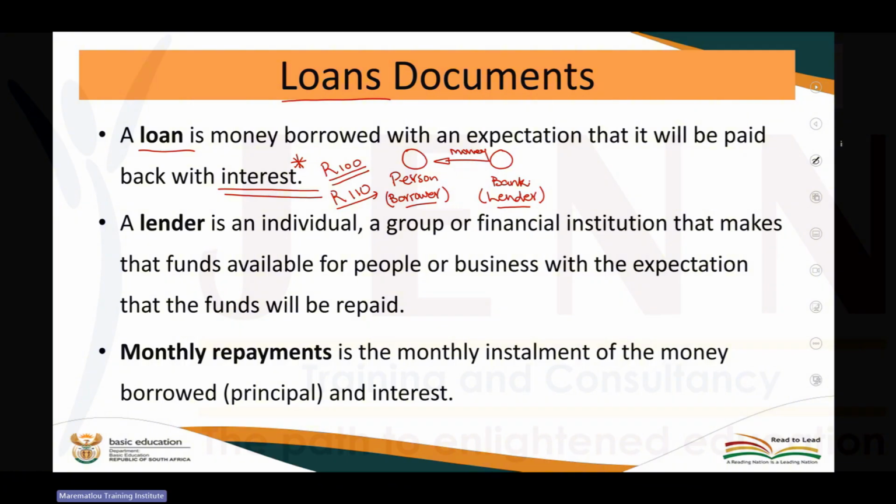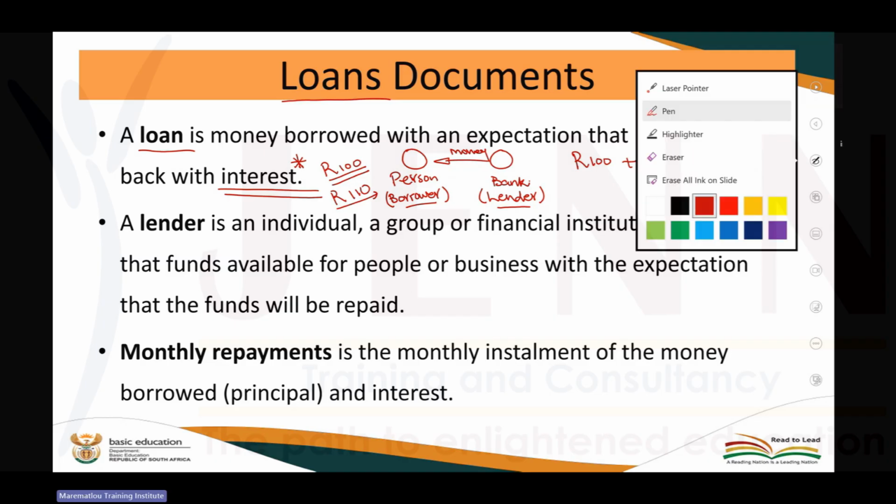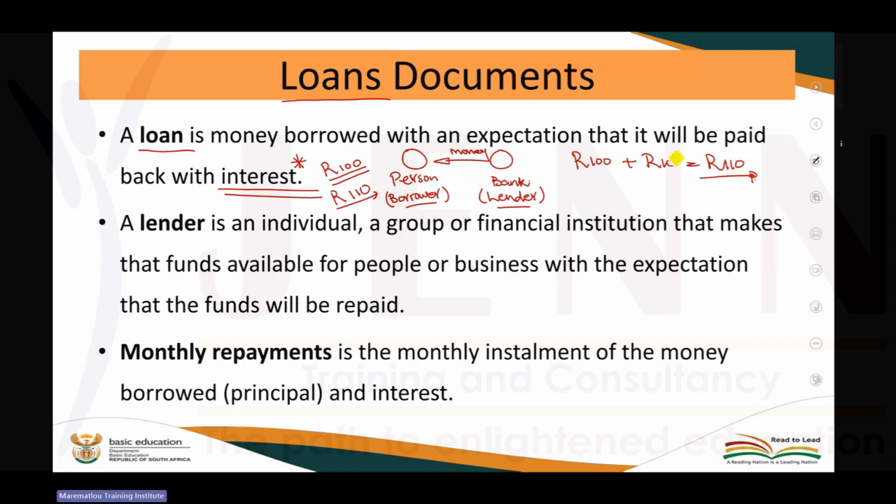What did they add? On top of 100 rand, they added 10 rand. Therefore, you are going to return the money as 110. And that 10 rand that they have added is an interest.